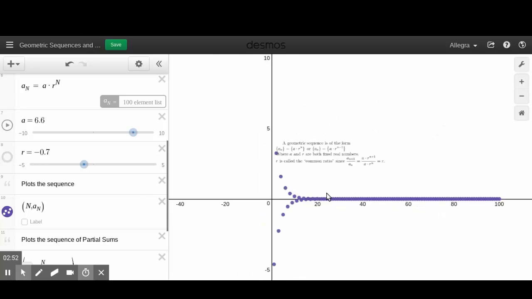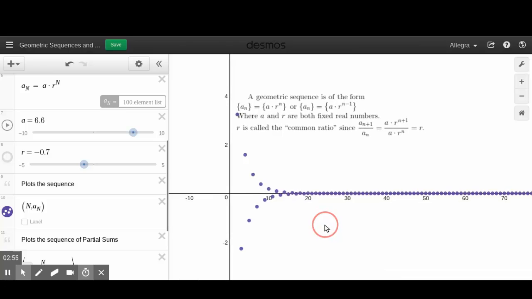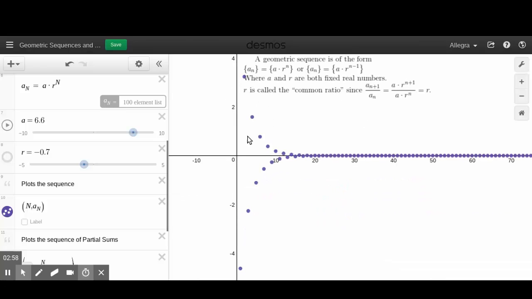So when we look at negative 0.7, we can see that even powers produce positive values and odd powers produce negative values, because when I multiply a negative number to an even power, the negative signs cancel out one another and we end up with a total value that's positive. So we see this sequence is bouncing back and forth, but it's centering down on 0.